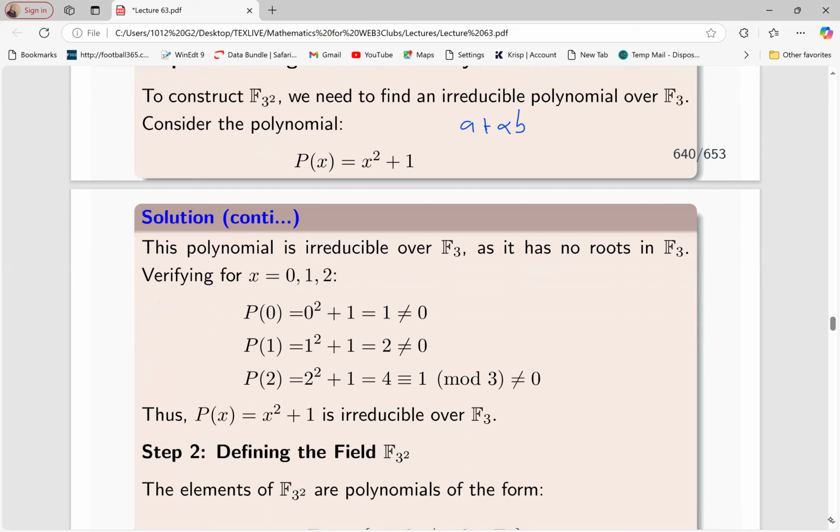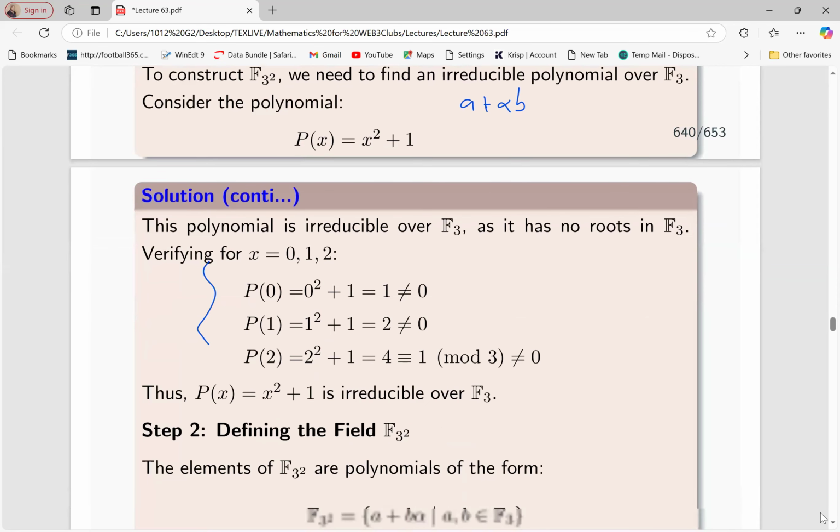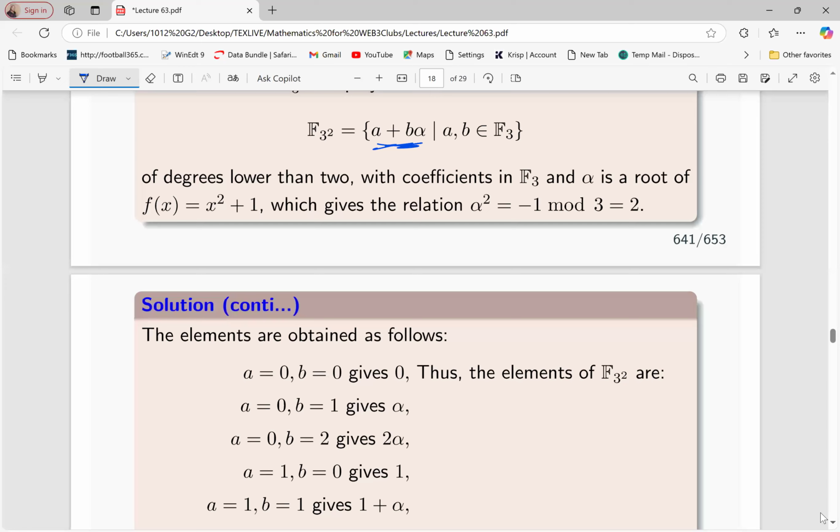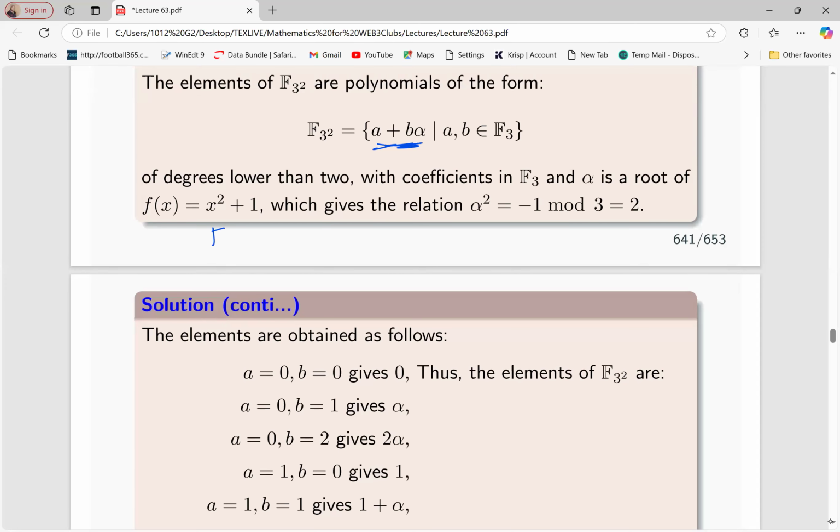I'll ignore this for the time being because it's not relevant in coming up with the extension. At this point, I just want you to know how to come up with the extension, which will be in this format. And we know what F3 is: it has the elements 0, 1, 2.